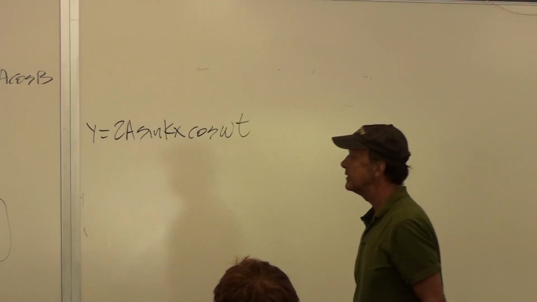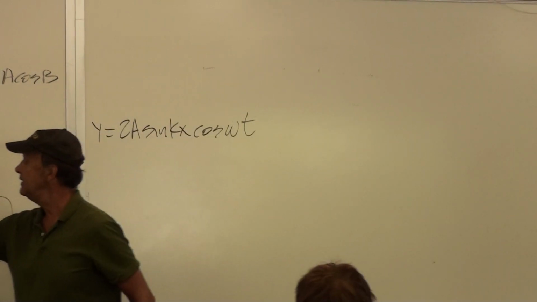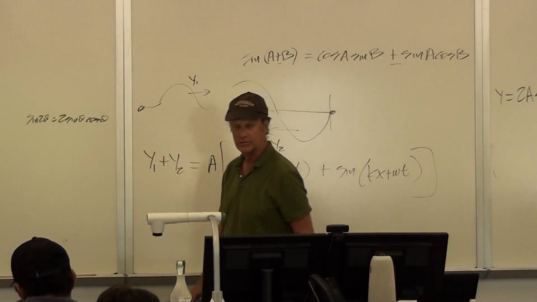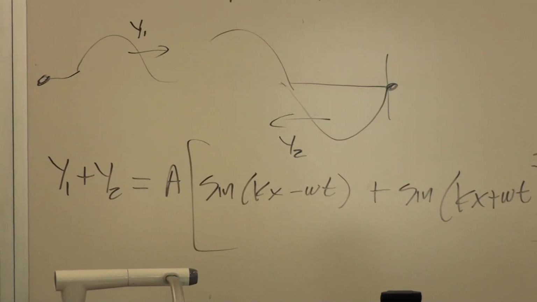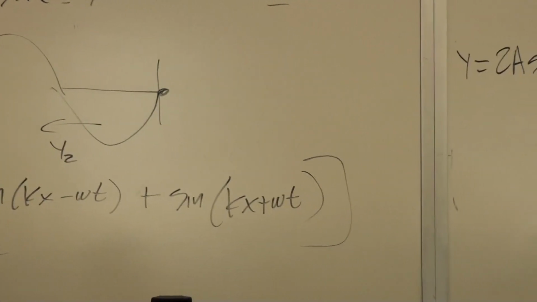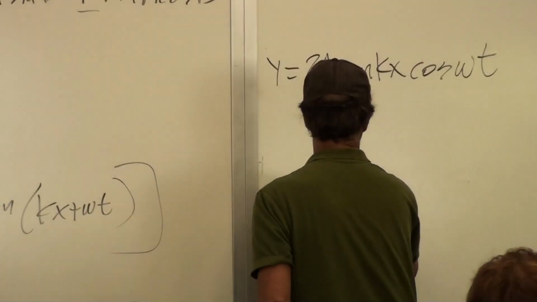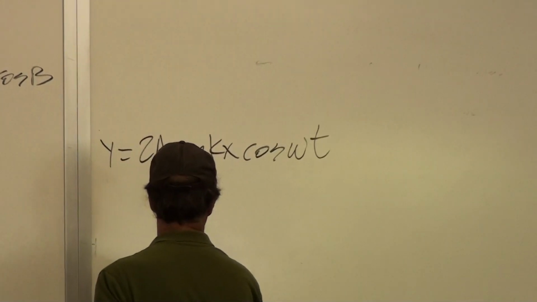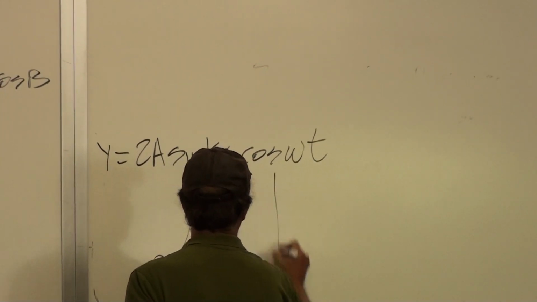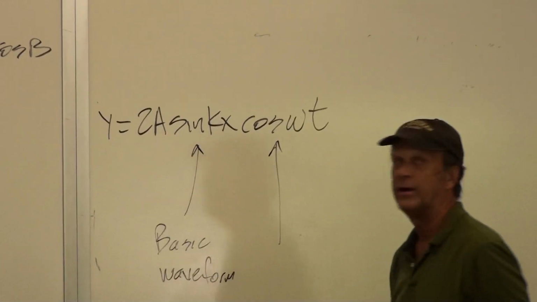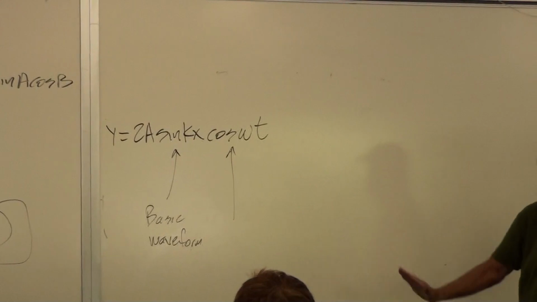So it's a product function, even though the x's and the t's are part of the arguments of the two sine functions. You can separate them out. And so this is your basic waveform here. And then this is the modulation of that waveform. The cosine omega t is the time-dependent term.